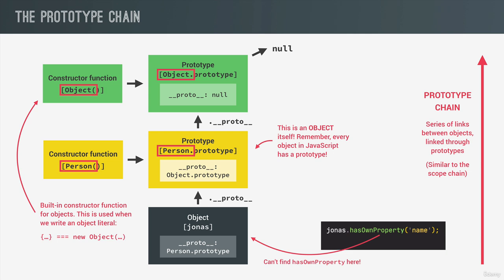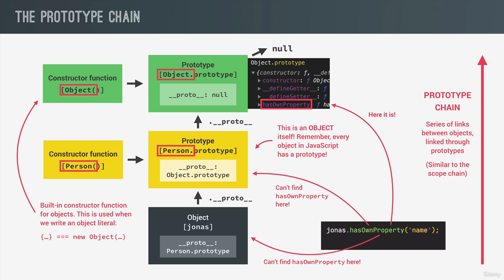Now, we didn't define any hasOwnProperty method there either, and so JavaScript is not going to find it there. And so, therefore, it will move up even further in the prototype chain and now look into object.prototype. And object.prototype does actually contain a bunch of built-in methods, and hasOwnProperty is one of them.